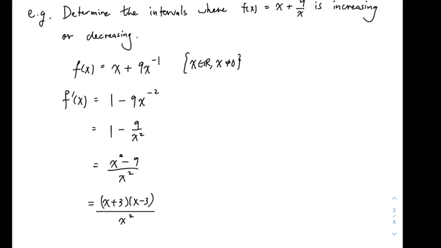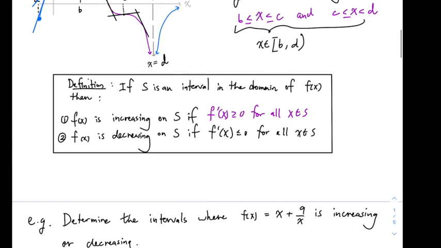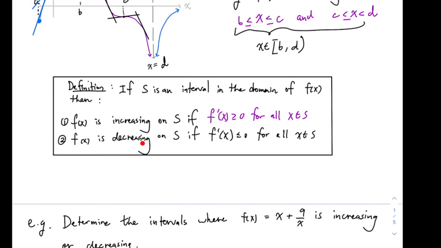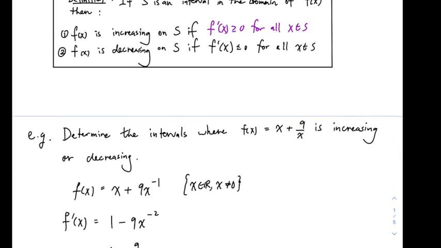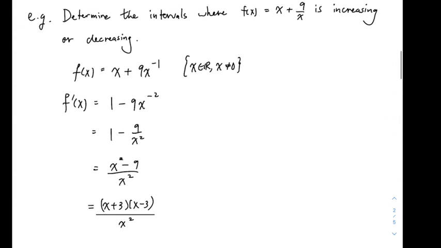This process of simplifying the derivative and factorizing is very important because we've defined functions to be increasing or decreasing based off of whether the derivative is positive or negative. And you can only determine whether the derivative is positive or negative if it's in nice, simple factorized form. Once it's in simplified factorized form, we can then make a sign chart.